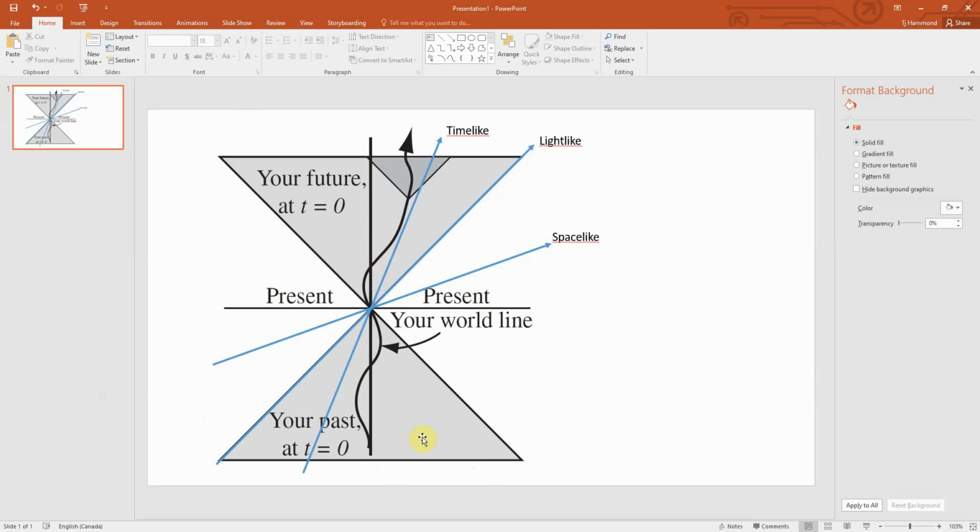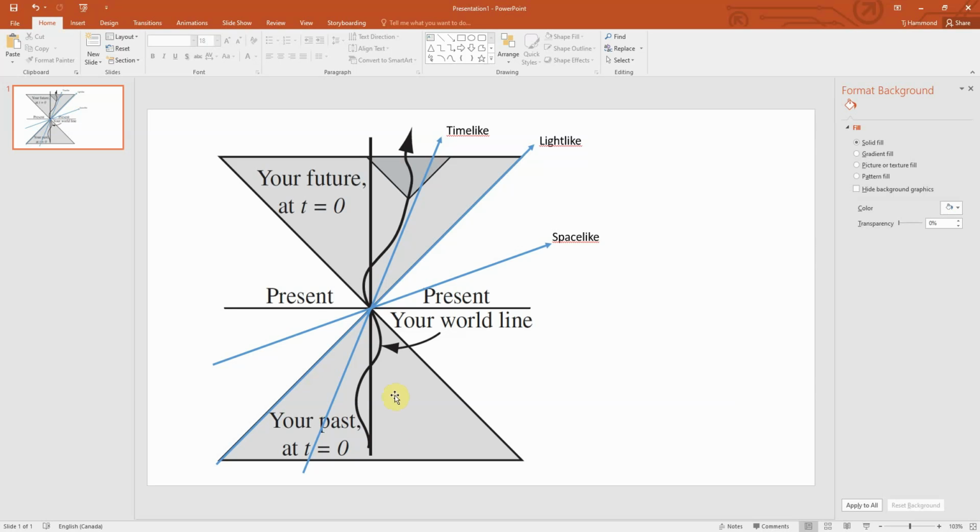If something happens anywhere in here, then you'll be able to see it. If something happens out here, it happens after this present time, because the speed of light can only go so fast. Right along this light-like cone is like riding the wave of a light pulse.